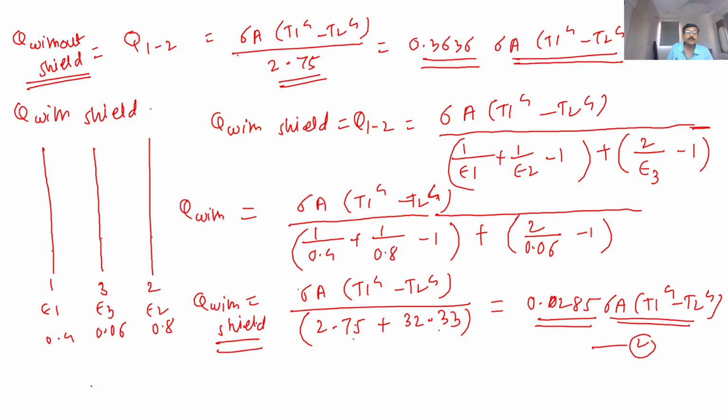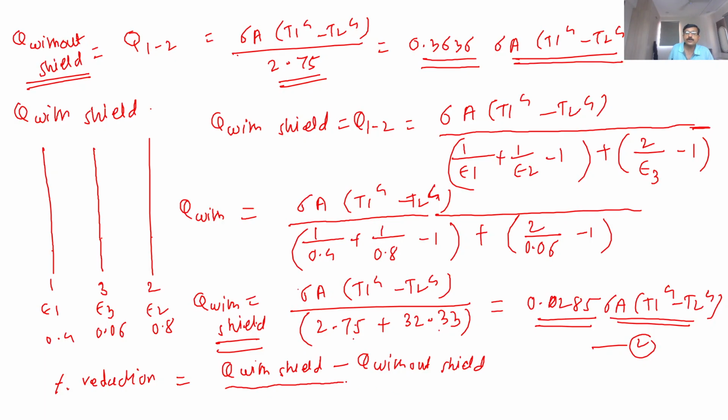So how to calculate percentage reduction? Percentage reduction is Q with shield minus Q without shield. That is the reduction. But now we have to calculate percentage, right? So again divided by Q without shield, into 100 for percentage.